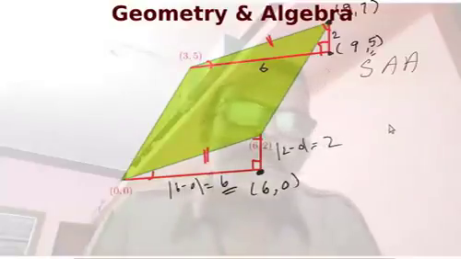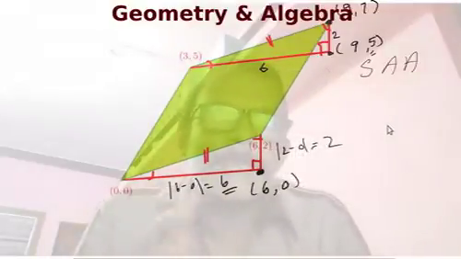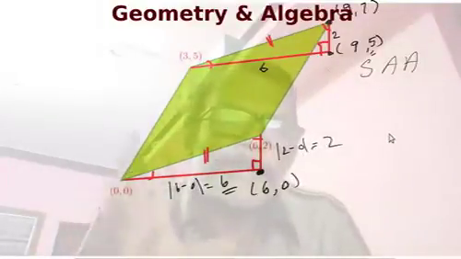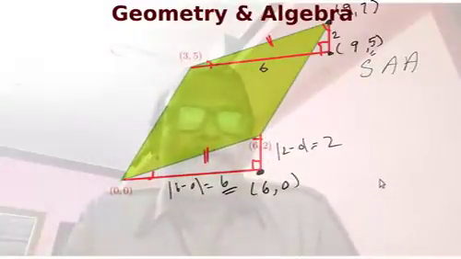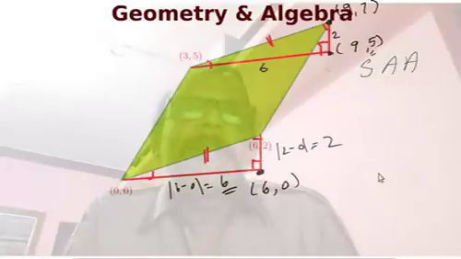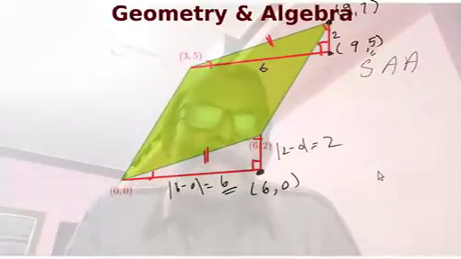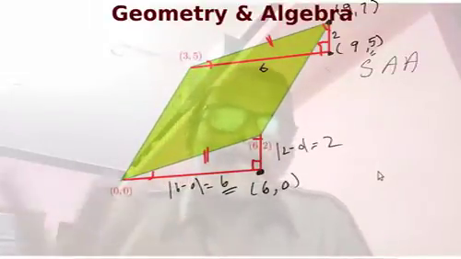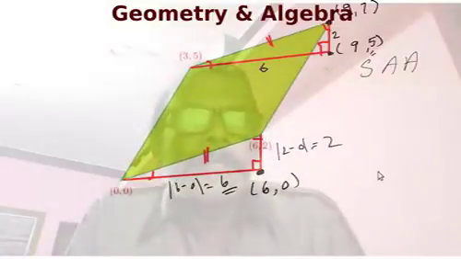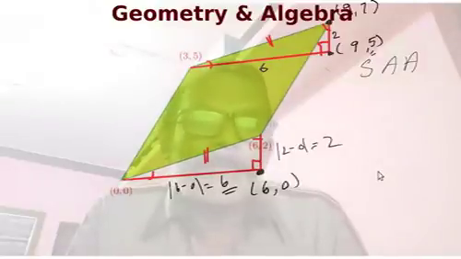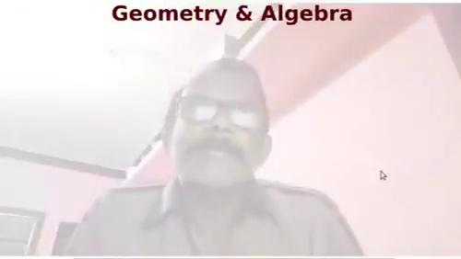This is a geometrical way of calculating the coordinates of the fourth vertex. Some of you may feel it is very difficult. For such people, we can derive a formula by an algebraic method to calculate the coordinates of the fourth vertex. Now we are going to discuss that.